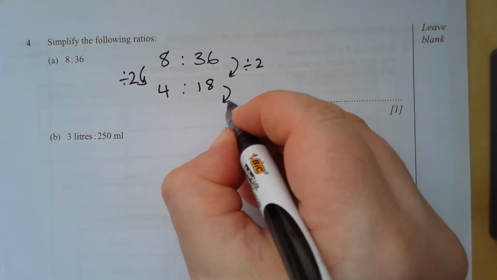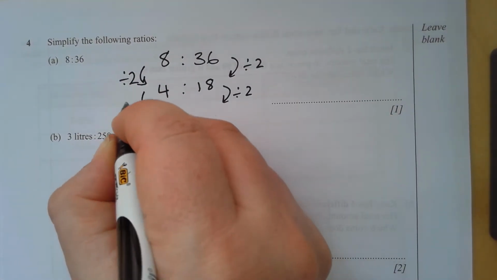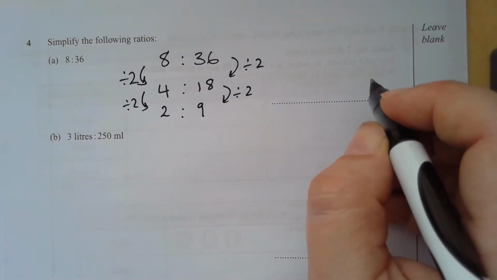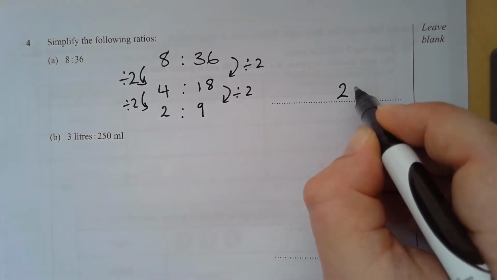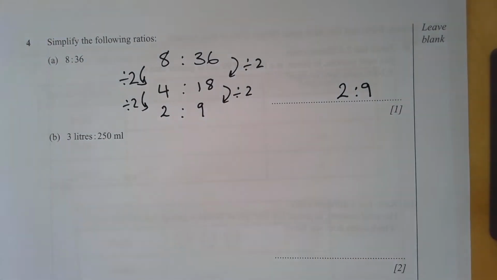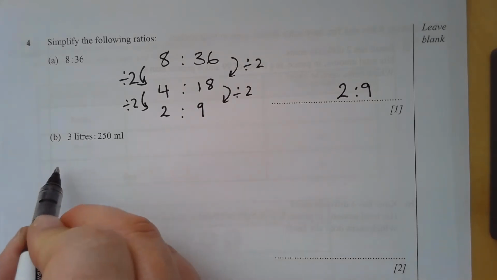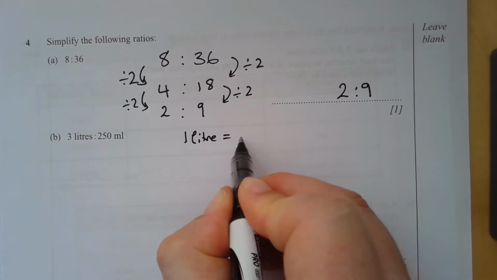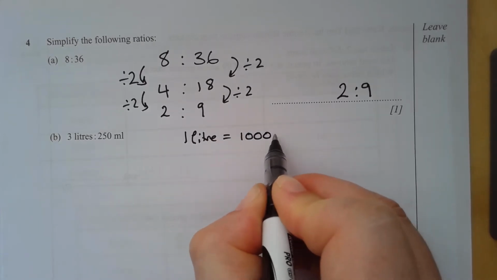Divide by 2 again. Three litres. 1 litre equals 1,000 millilitres.